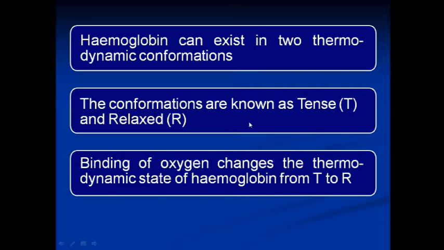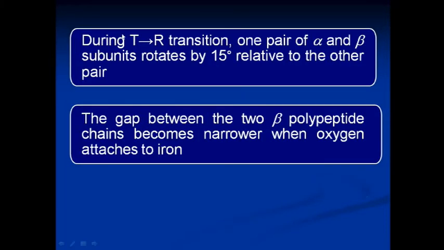It is abbreviated by T for tense and R for relaxed state. So hemoglobin has a T state and an R state. During the T to R transition, one pair of subunits rotates 15 degrees relative to the other pair. Suppose one alpha and one beta form one group, and one alpha and one beta form another group, and they rotate by 15 degrees during the T to R transition.